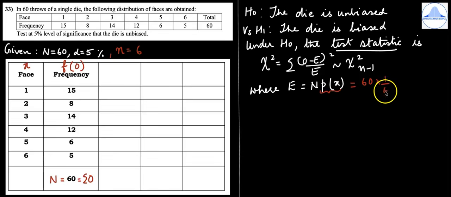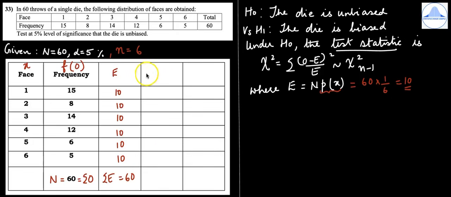So it is 60 into 1 by 6, that is 10. So now let us form an E column and throughout you have to write 10. So you'll get summation E also as 60. So always summation O is equal to summation E, which is equal to 60.